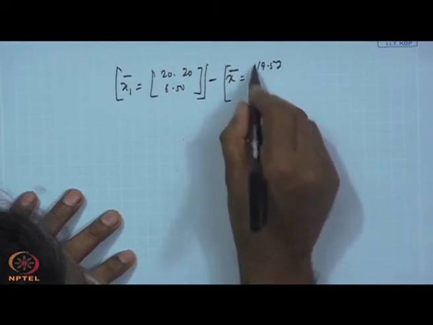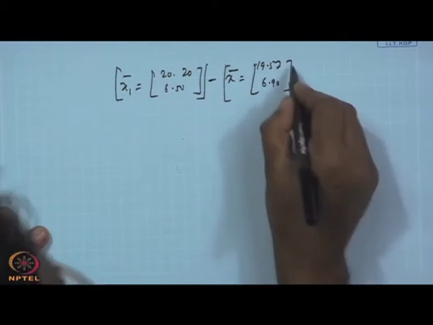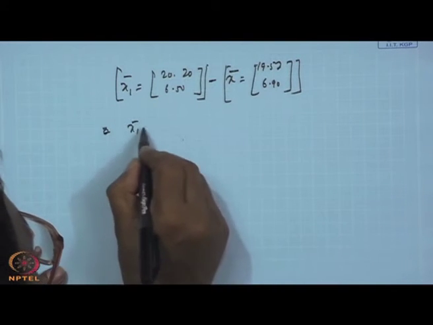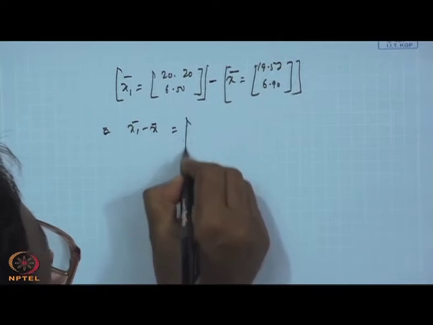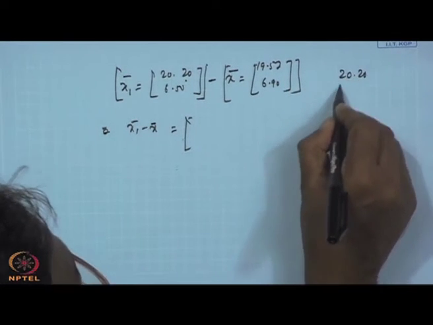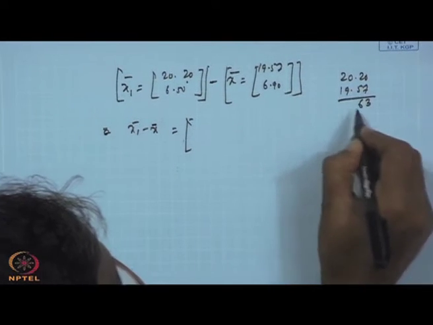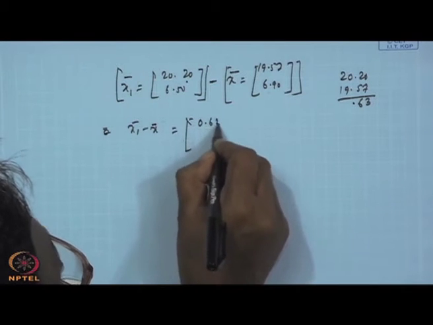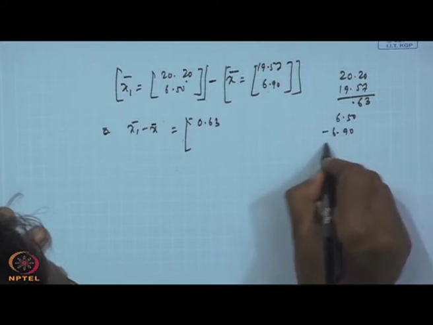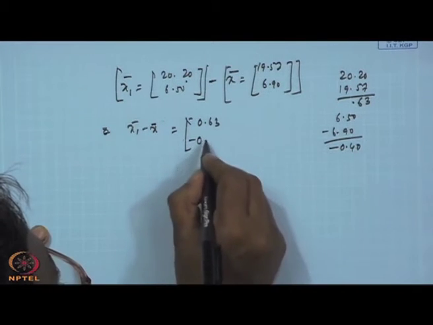This is also a matrix of order 2 cross 1. So x1 bar minus x bar is 20.20 minus 19.57, which is 0.63, and the second is 6.50 minus 6.90, which is minus 0.40.